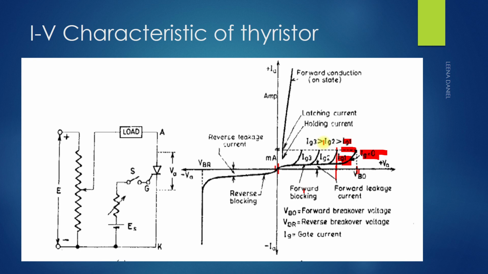As we increase the gate current, if we apply Ig2 which is greater than Ig1, the thyristor will turn on at this point, before the VBO. Again, if we increase the gate current, let us suppose Ig3 which is greater than Ig2, the thyristor will turn on at this stage. So we do not need to increase the forward breakover voltage up to this level to turn on the thyristor if we apply the gate current at the gate terminal.